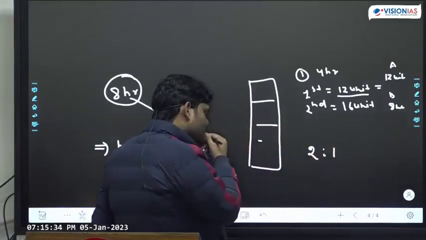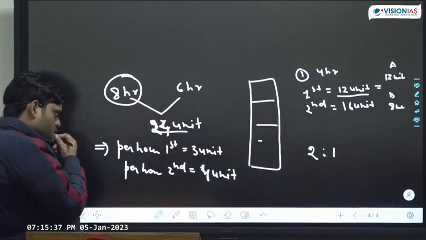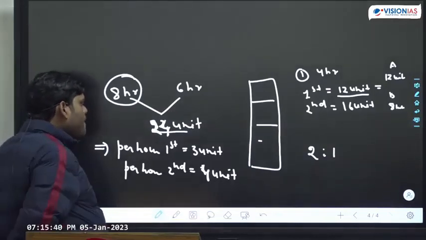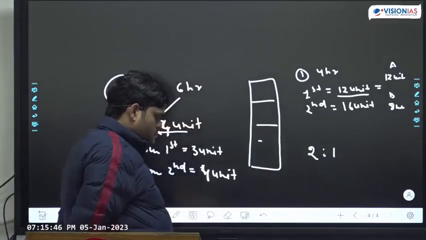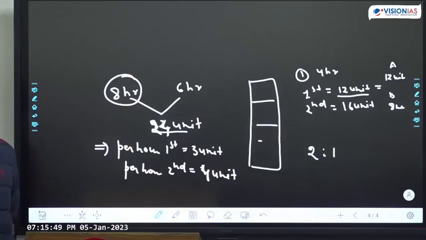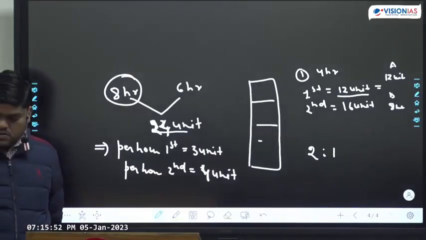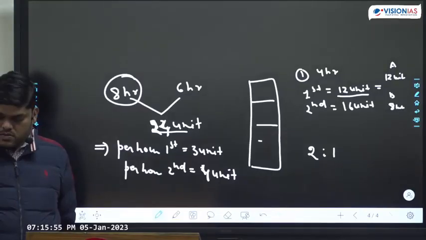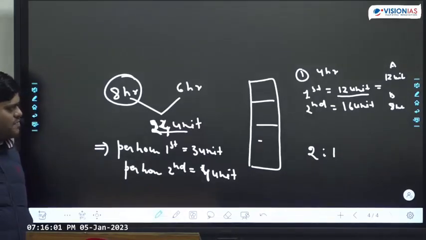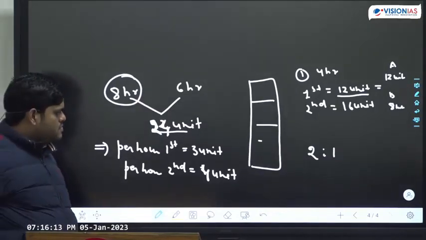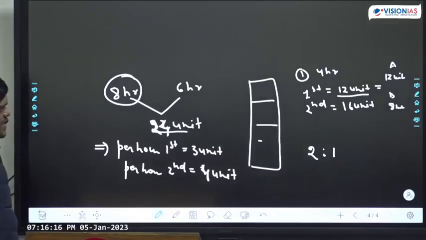Two is to one length. 4 hour 48 minutes looks a bit difficult, because it cannot be 4 hour 48 minutes. It has become very complicated. Is there some other way out?